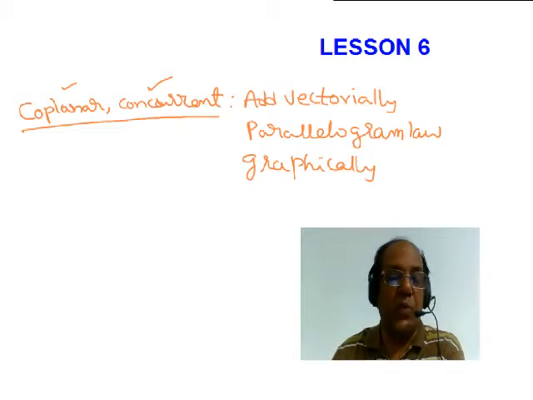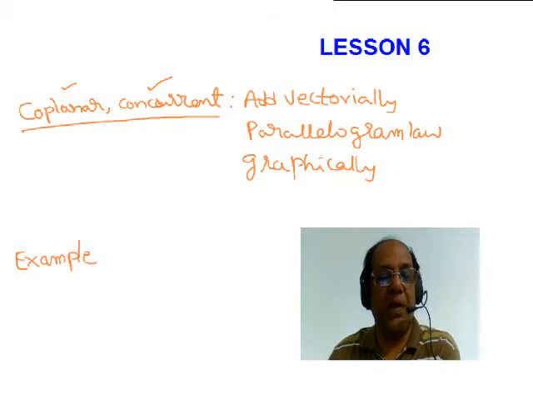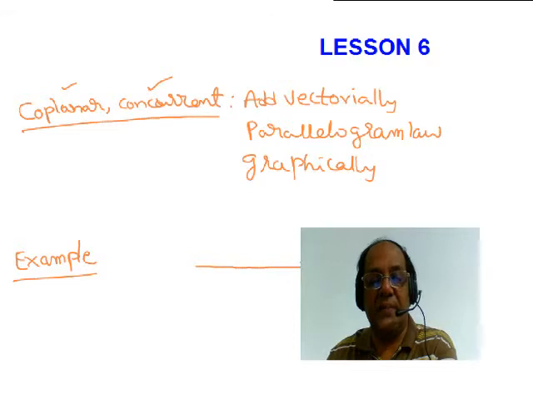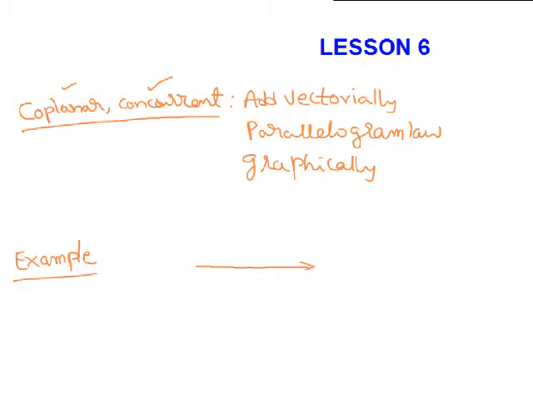Let us begin with a simple example. Suppose we are to find the resultant of two forces acting as shown here. One force is 300 newtons, and another force making an angle of 60 degrees has a magnitude of 400 newtons.